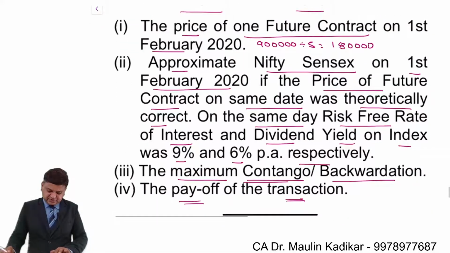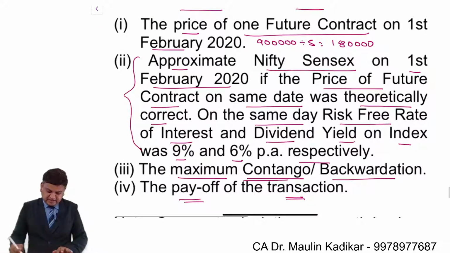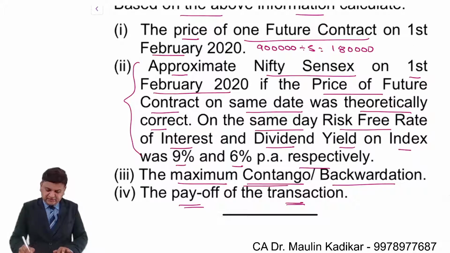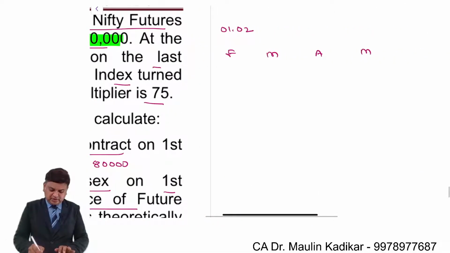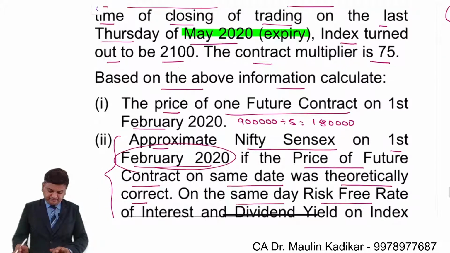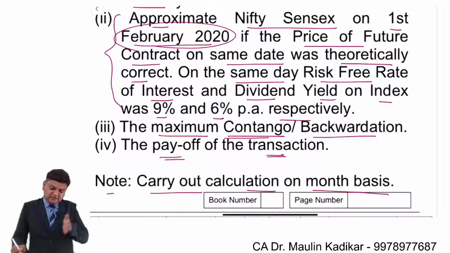The second part of the question says that calculate the approximate Nifty Sensex on 1st of February 2020. Means the question says that you are required to compute the spot index value on 1st of February, if the price of the futures contract on the same date was theoretically correct.